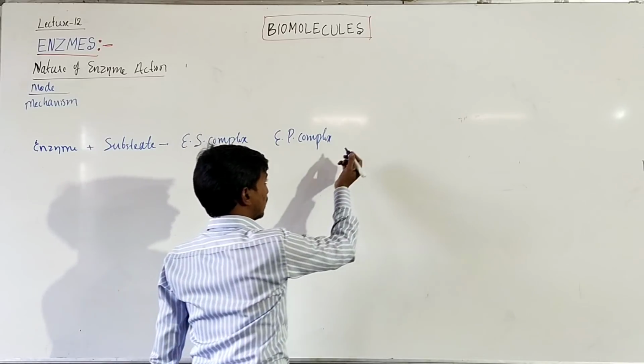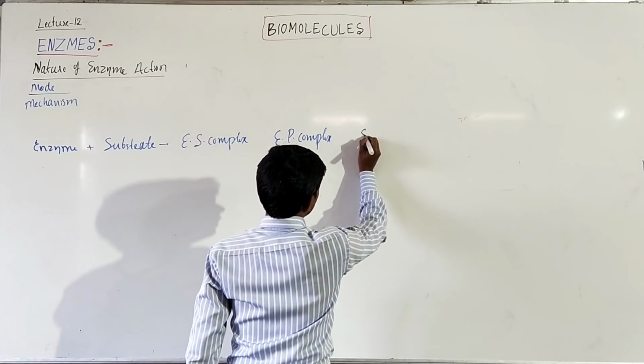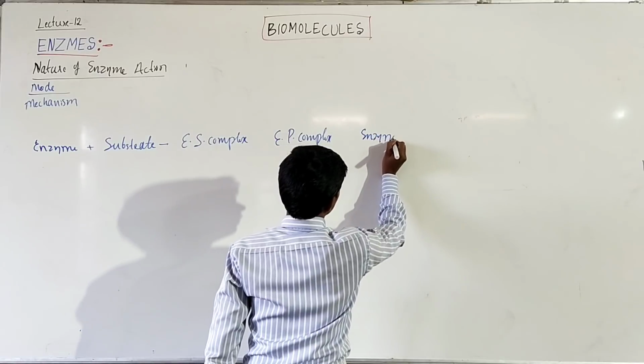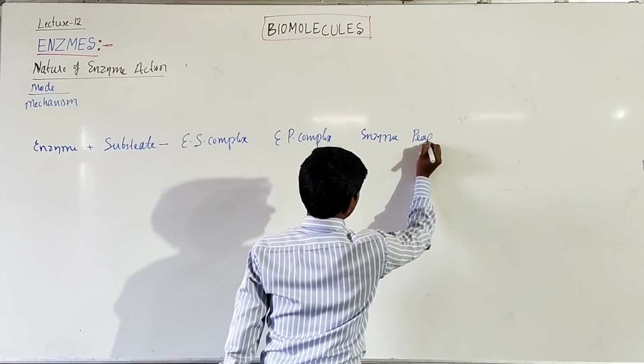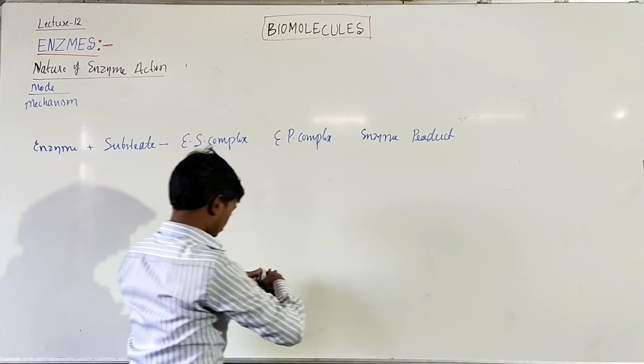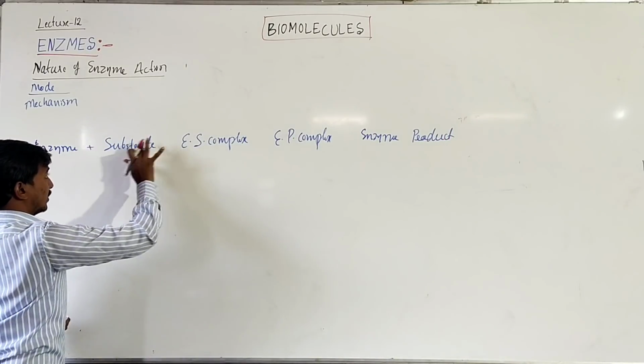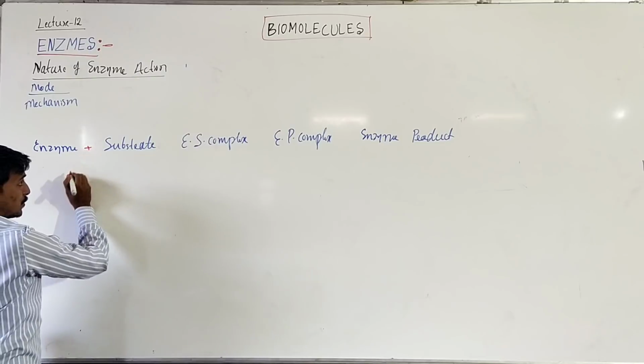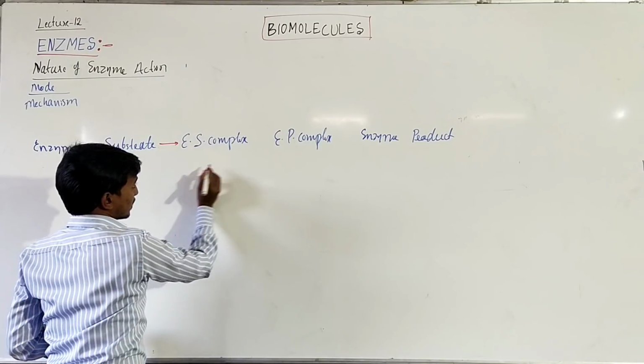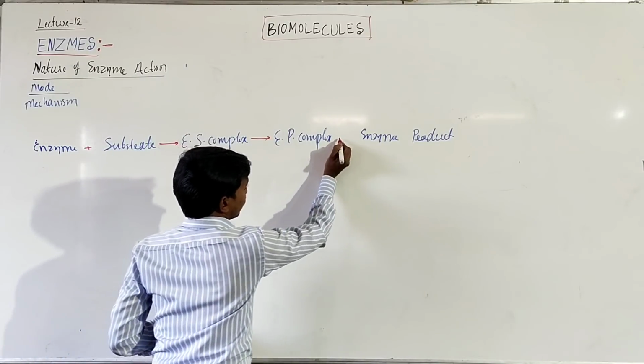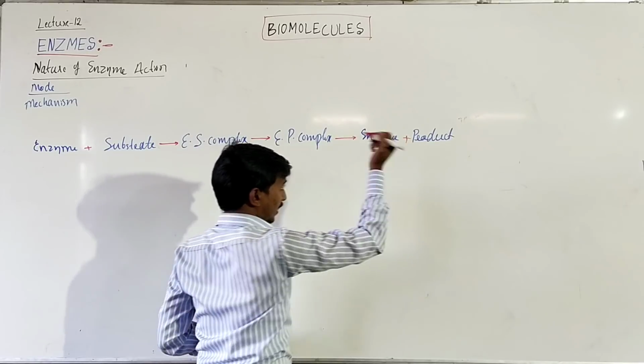Later on this will release the enzyme and product. So better we make different colors. Enzyme plus substrate will form enzyme substrate complex, that will form enzyme product complex. We will get an enzyme plus product at the end.